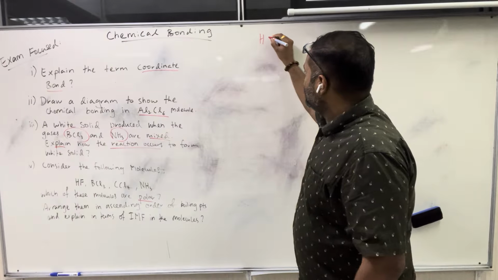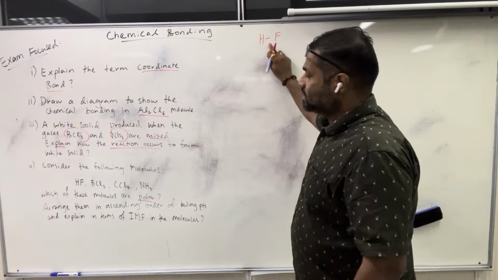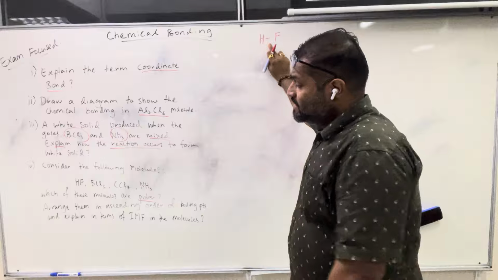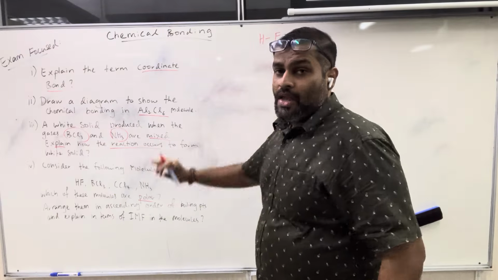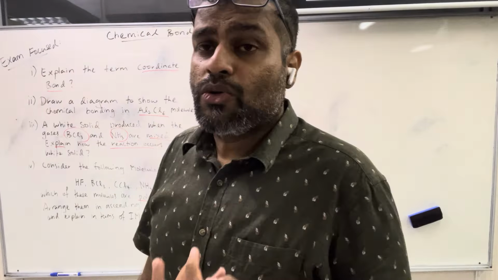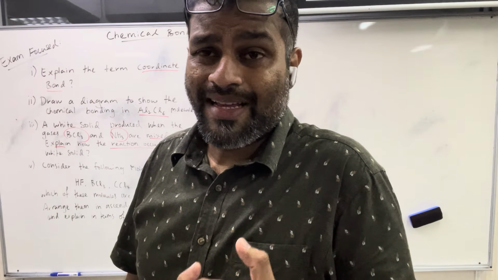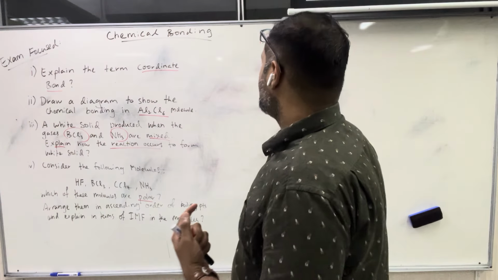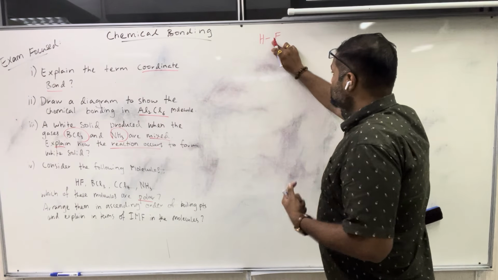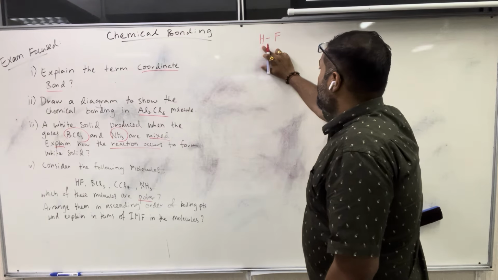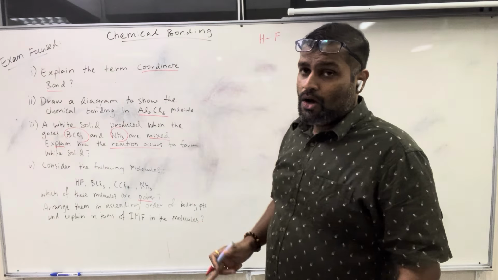Now when we look into hydrogen fluoride, we have to understand the bond first. Basically all these have the covalent bond, and we need to study whether this covalent bond is polar or non-polar. So how to look into this? First, we have to check the electronegativity of the atom.